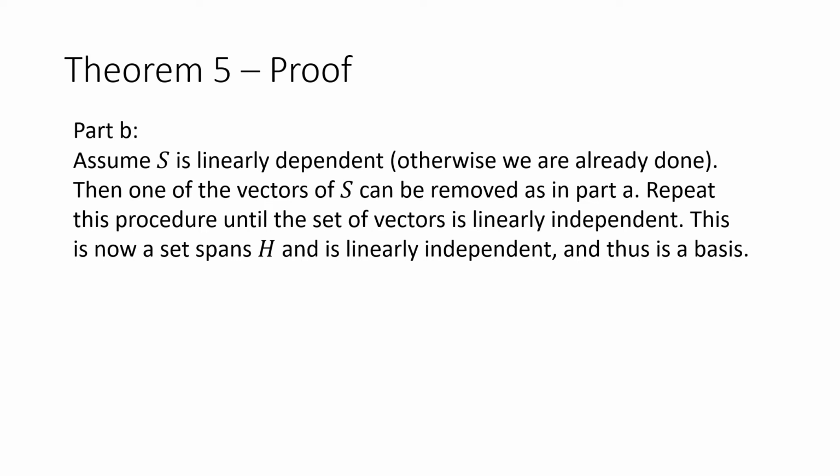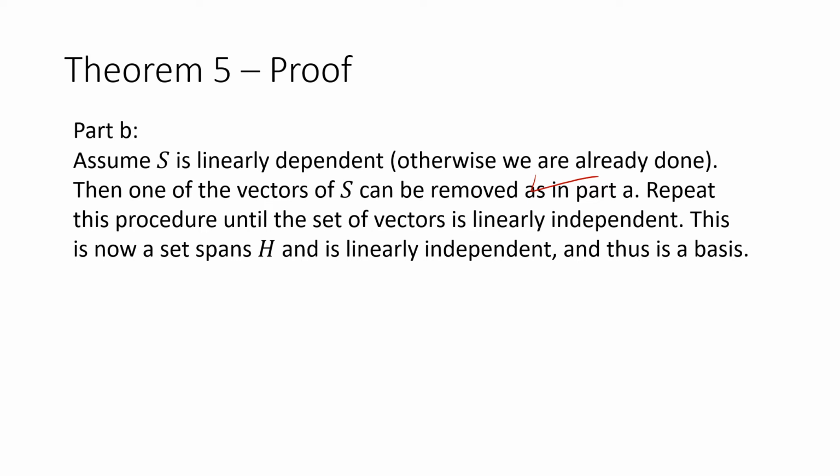Well, the first part that we just saw said that we can drop one of the vectors. Linear dependence means that there is at least one vector we can build from all the others. So drop it. Part A says that's okay, we're still spanning the same set. So that means that we've met the first condition, that we span the set we're interested in.